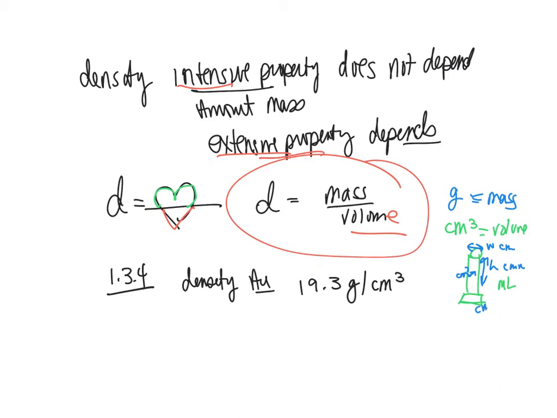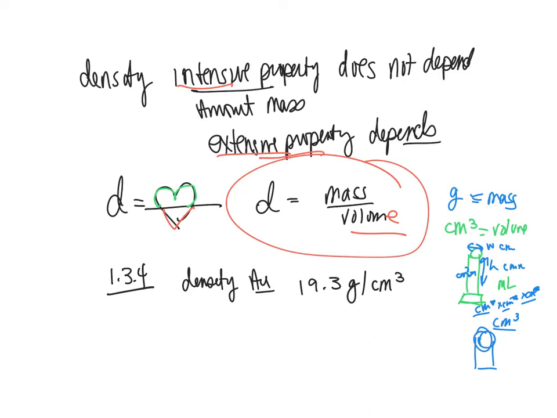And then when you take centimeters times centimeters times centimeters, that is centimeters cubed, and that is a volume. And so anytime you have a container that has a width, height, and length, it's 3 units, so it's cubed. All right, so there is our density.